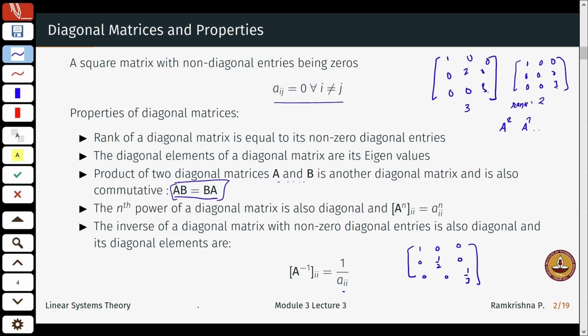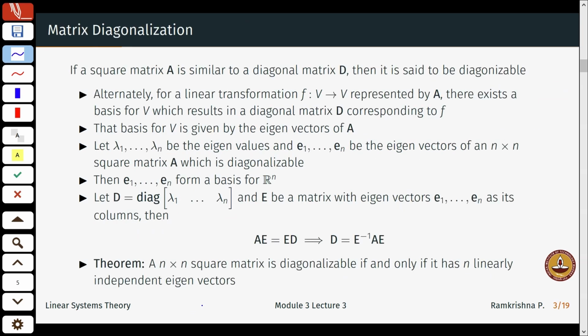We will substantiate that a little later, but for a moment let us ask ourselves: given a matrix A, can I diagonalize it? Or in other words, can I find a diagonal matrix D which is similar to the original matrix A?